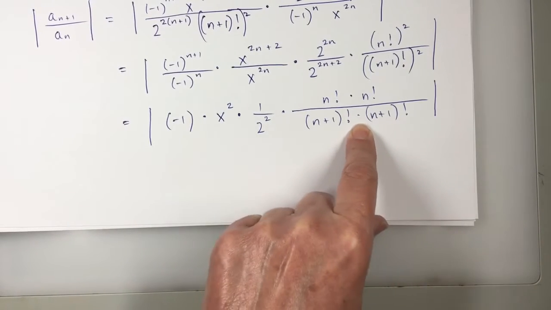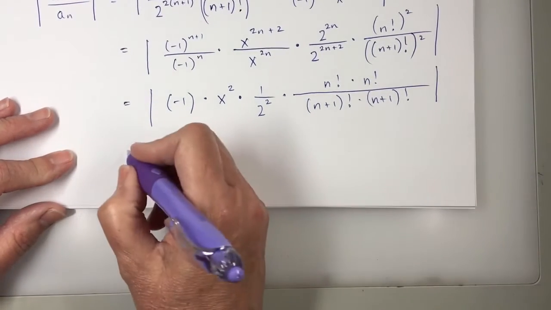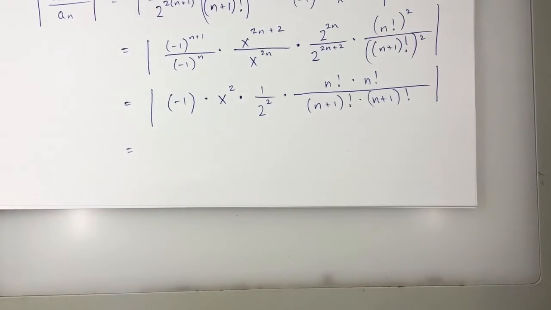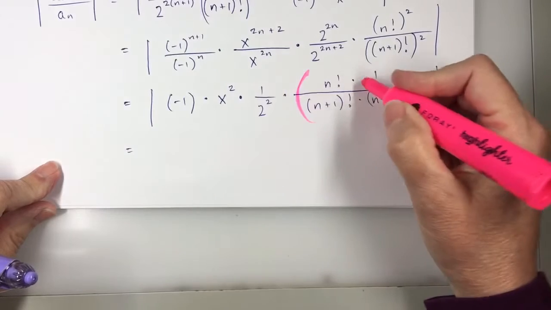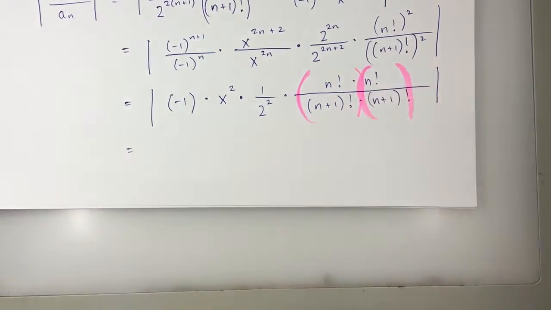And I'm telling you that just to let you know, sometimes we got to figure these out too. So this n factorial over n plus 1 factorial, can you see that's going to simplify to 1 over n plus 1? And this one the same, 1 over n plus 1.